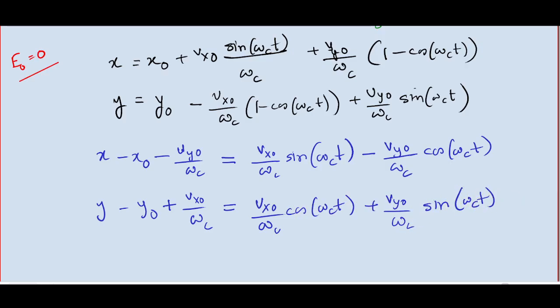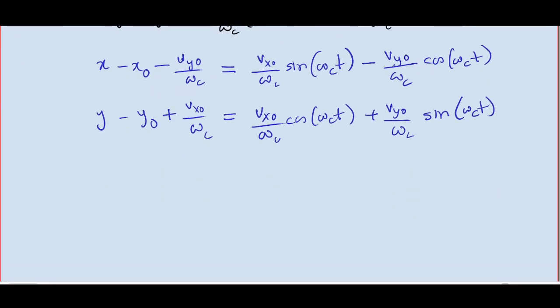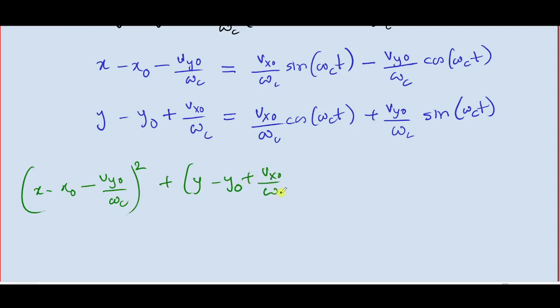And just as we argued for the velocity components, the same kind of calculation here would immediately show you that x minus x0 minus Vy0 by omega c whole square plus y minus y0 plus Vx0 by omega c whole square equals Vx0 square plus Vy0 square by omega c square.